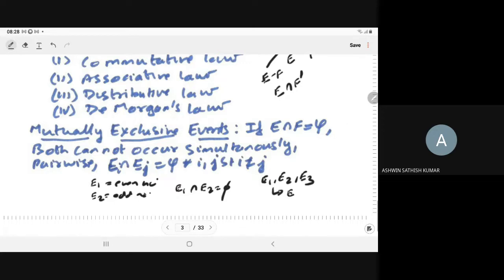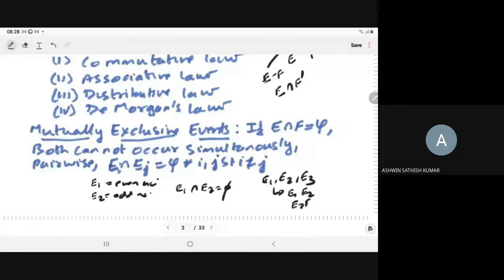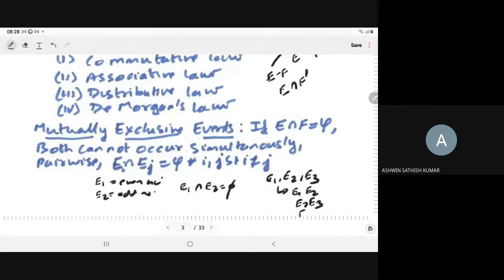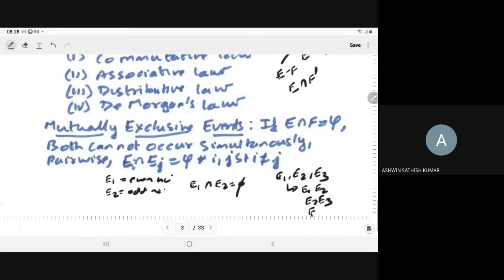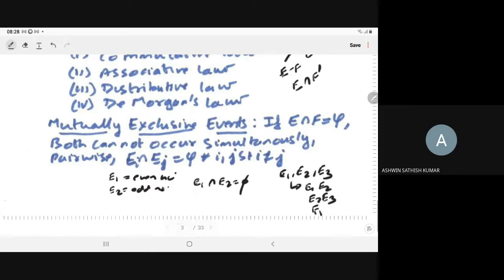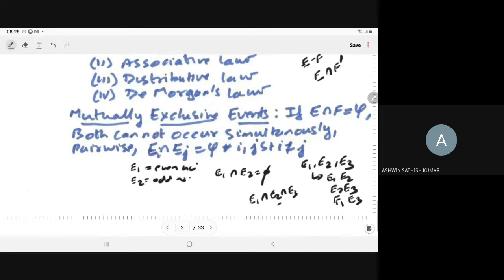Not merely that E1 intersection E2 intersection E3 is equal to phi.